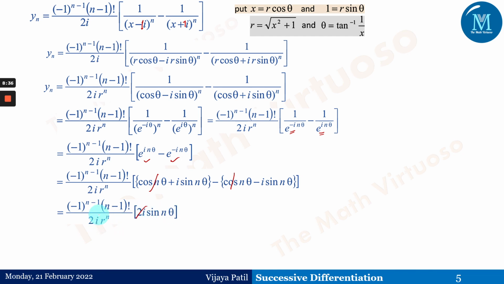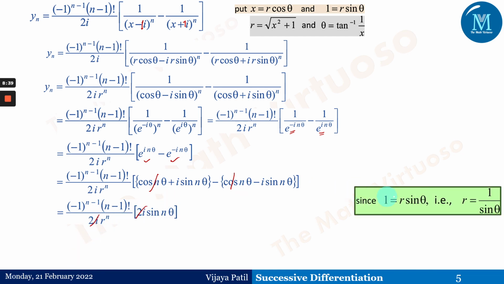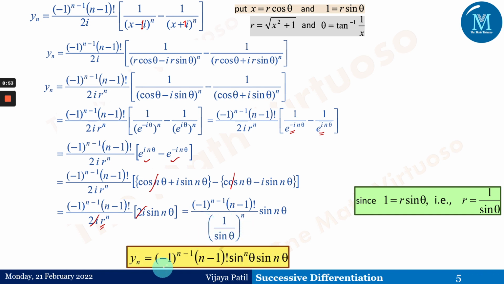Again 2i goes off from here, and because 1 is equal to r sine theta, r is nothing but 1 upon sine theta, and we get this particular factor by replacing r as 1 upon sine theta. With this replacement, the final answer becomes minus 1 to the power n minus 1, n minus 1 factorial, sine to the power n theta into sine of n theta, as the answer for this question, tan inverse of x.